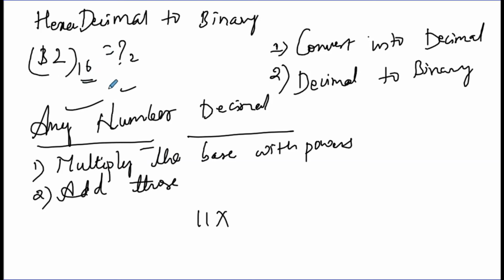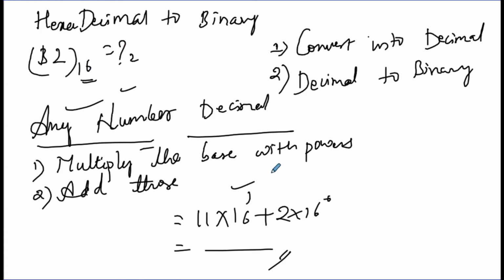What is the base here? 16, it is a hexadecimal number. If you do the calculation, you will get the result. It is also the same as octal to binary conversion. If the base is 16, multiply by 16 and you will get the equivalent decimal number.